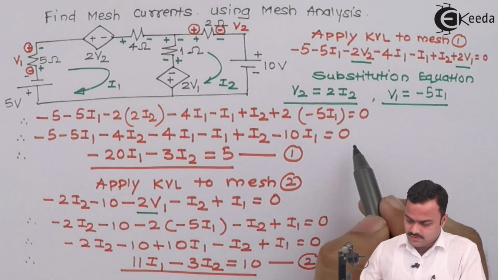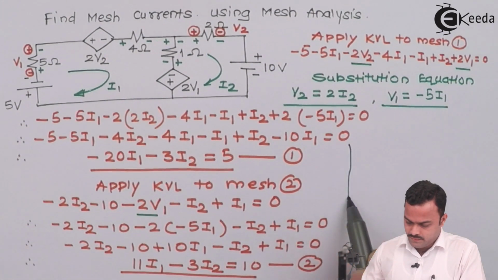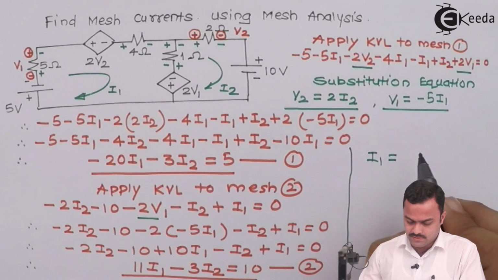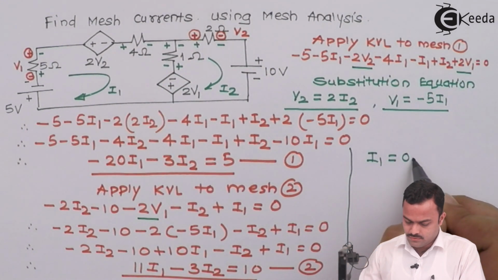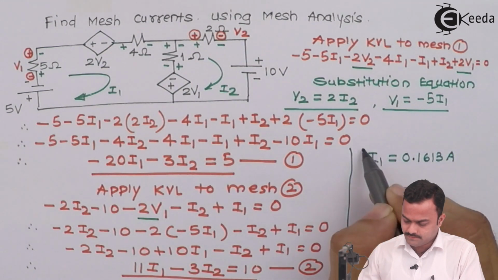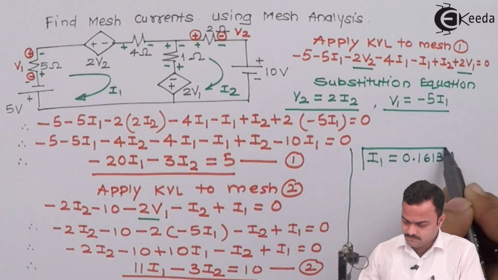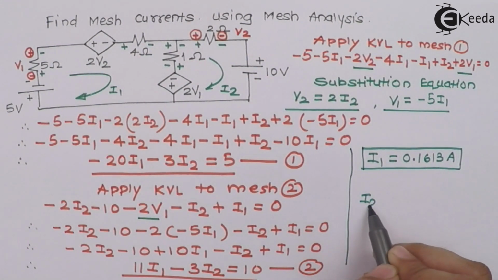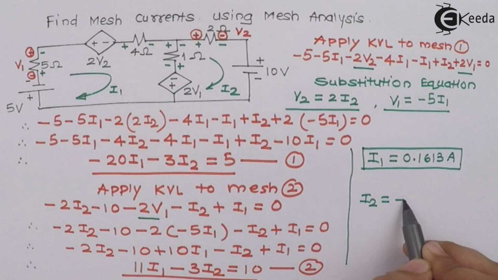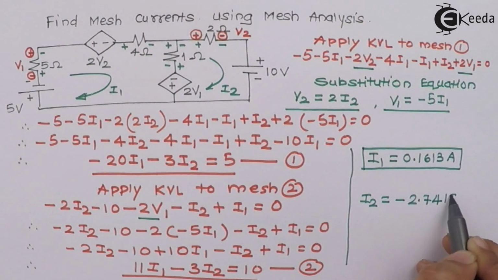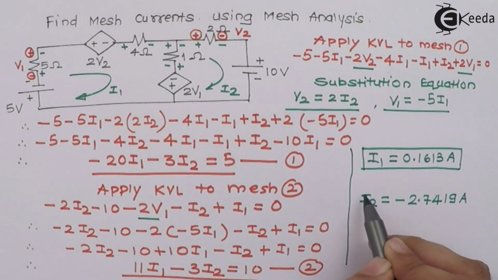So if you solve these 2 equations, the values of I1 and I2 are: I1 is nothing but 0.16129 ampere and I2 is minus 2.7419 ampere.